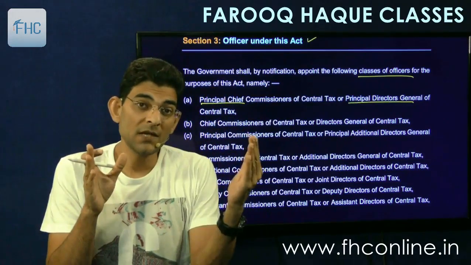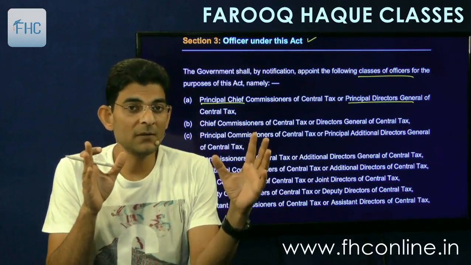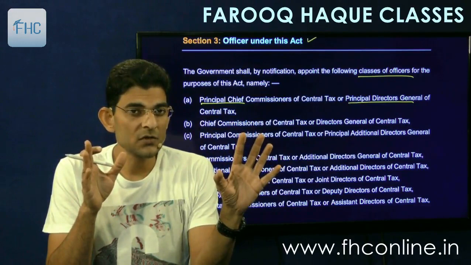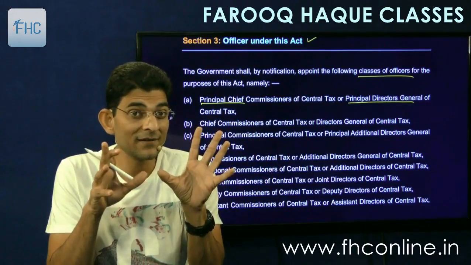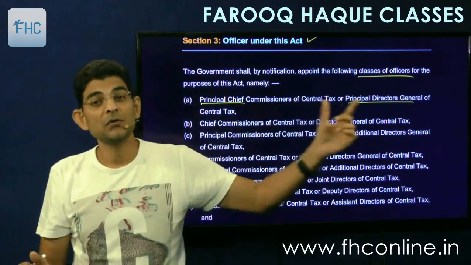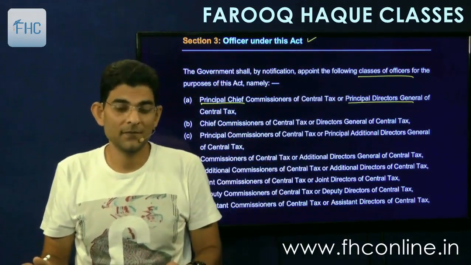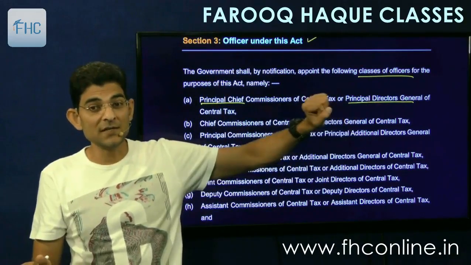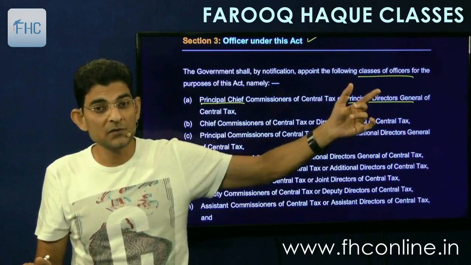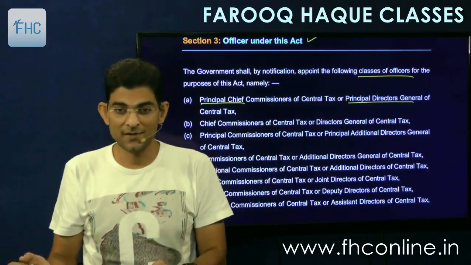Then you have the investigation wing. The main role of the officers there is to investigate tax evasion and other such matters. That office is headed by the Principal Director General, called DG, Director General, and if there are two or more DGs, one will be called the Principal DG and the others will be called DGs.